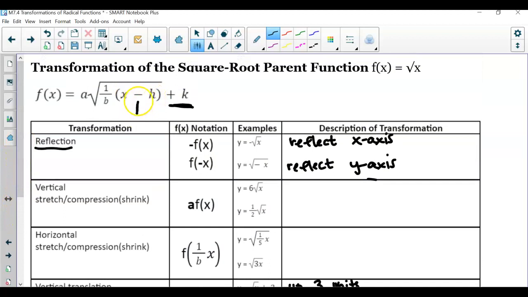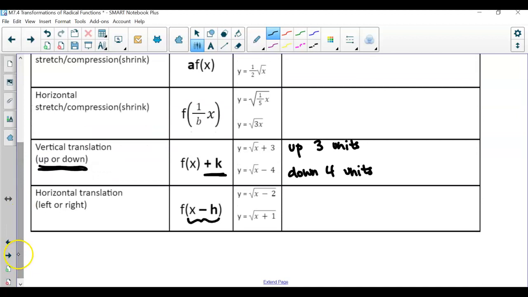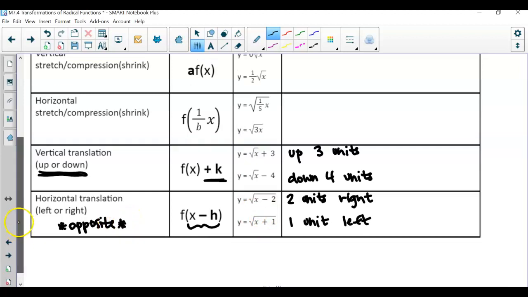So if this is x minus 2, we're used to saying 2 units to the left, but because it's the opposite, we're moving 2 units to the right. Then if this is x plus 1, this is not 1 unit to the right, but 1 unit to the left. So again, if you need to make a note of that, remember that this is the opposite when it's inside of the radical.